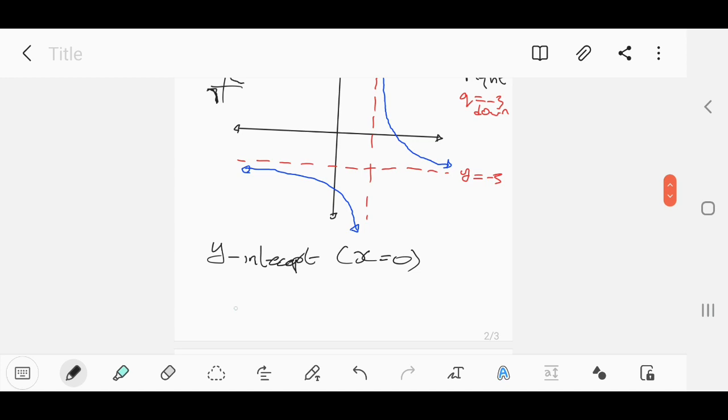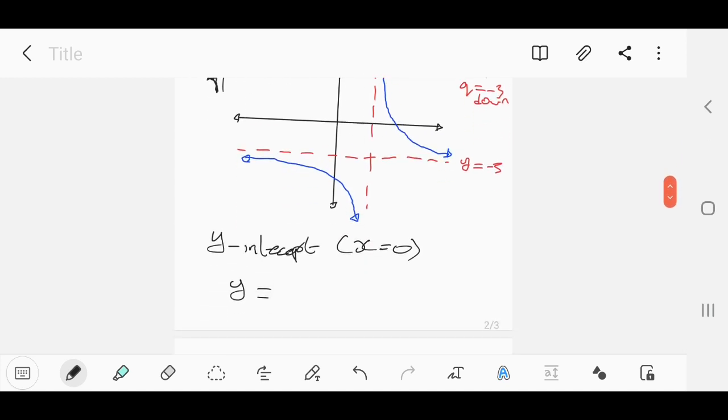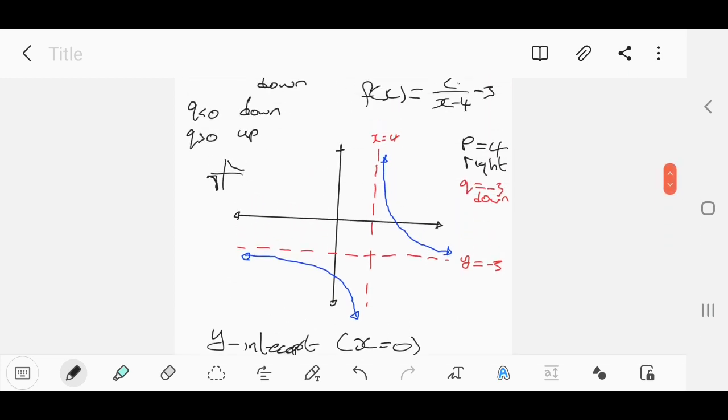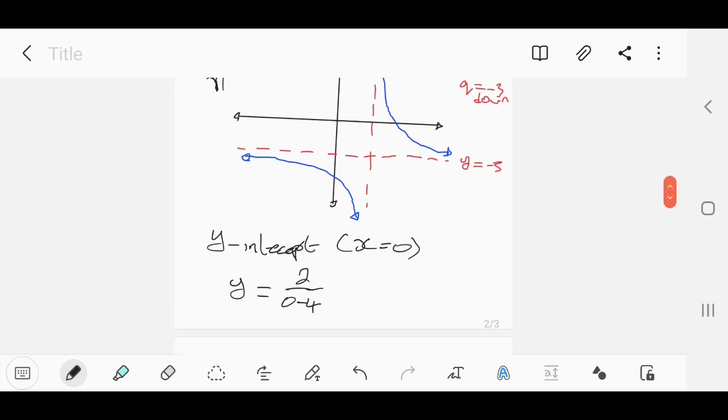So we're going to say y, which is f of x, equals 2 over, on x we put 0 minus 4, minus 3.